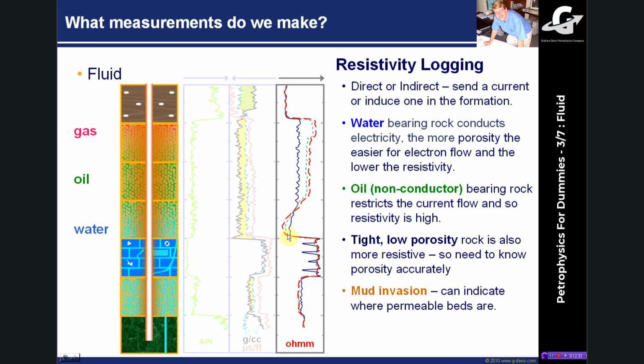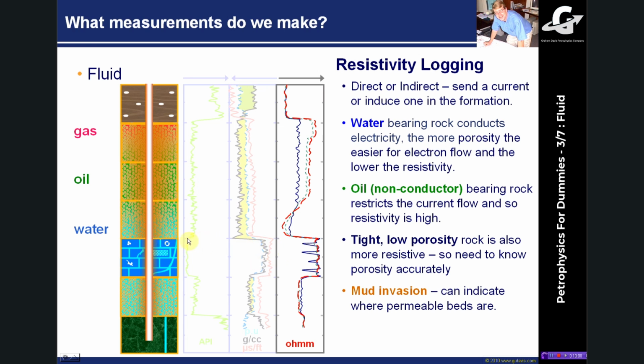Then we come in here into the good porosity and inferred higher permeability water-bearing sand. Here we have the deep resistivity measuring out here, measuring the conductive water, low resistivity. Then in the medium reading case, we have a little bit higher resistivity. So perhaps again we've got this case where the mud filtrate's gone a little bit deeper.